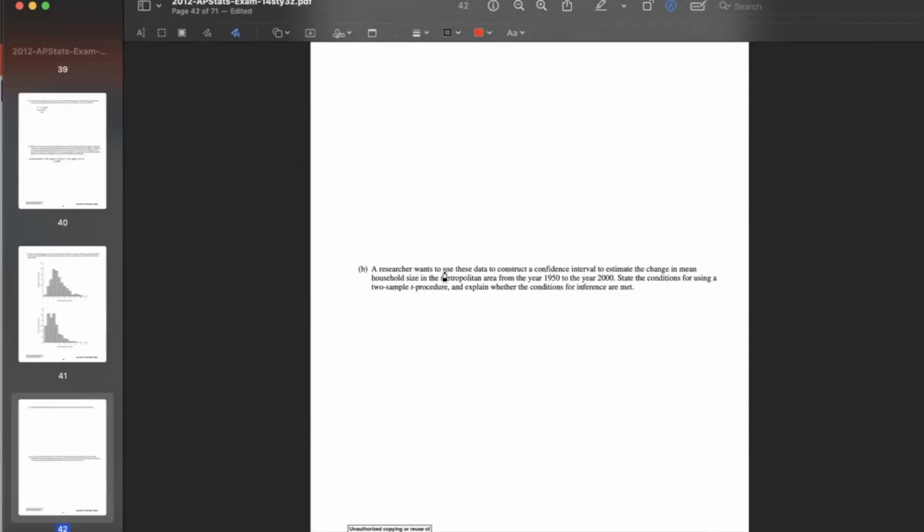All right, and the researcher wants to use this data to construct a confidence interval. State the conditions for using the 2-sample t procedure, and explain whether the conditions for inference are met. So remember, random samples, and then normality of the sampling distribution. So either large sample sizes or the populations are normally distributed.